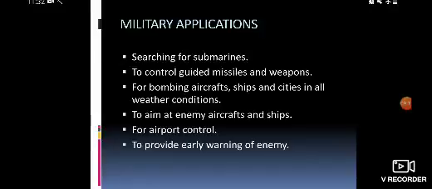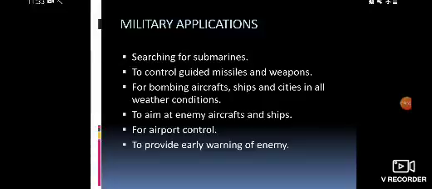And for larger ships, to note their location at a distance of some 2 or 3 kilometers in the water, it is mainly used. And the weather conditions of cities can also be seen with our radar system. It is also used for airport control.